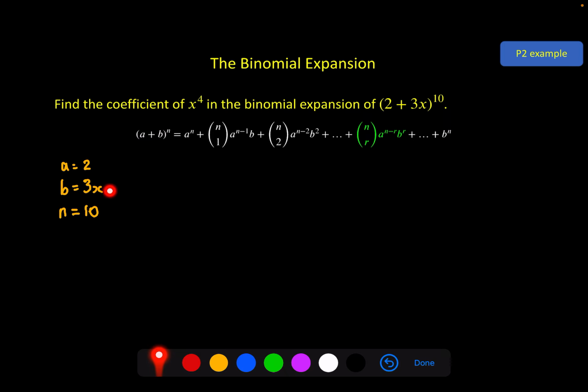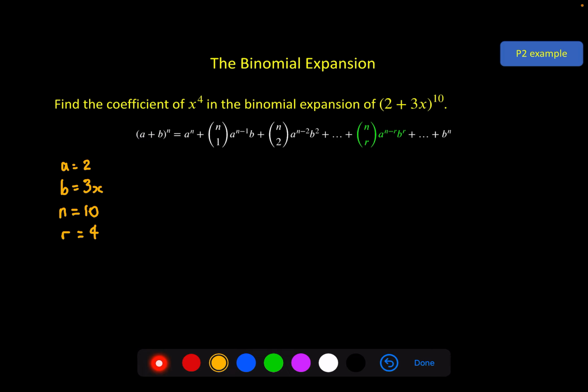That's the b term. It's an x power 1, which won't always be the case in more complicated questions. But in this case, the b term is 3x. So to get an x power 4, I want my b term to be to the power 4. And here, that means r will be 4. So if I work with r equals 4, it should give me the term I want.